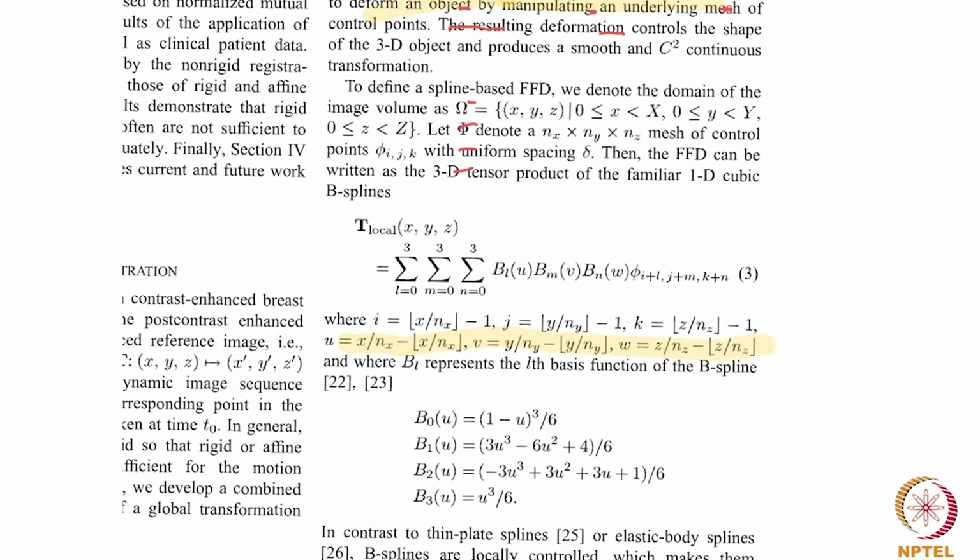In this case, there are about 64 in 3D, and you calculate the distance of these control points from the point of interest, and you use that to calculate the weighting for each of these control points, and then subsequently estimate the value of the deformation field at that point.